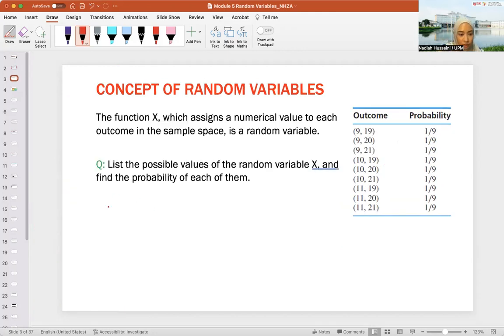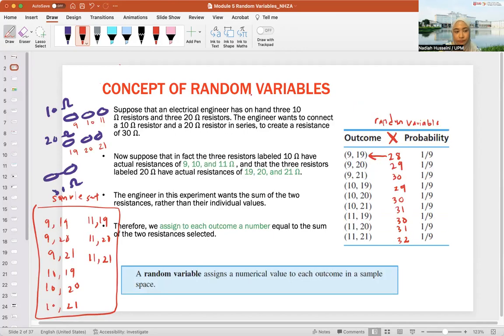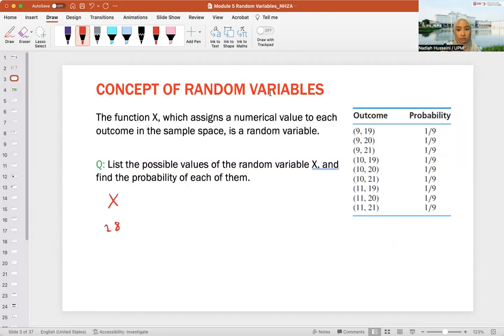So the list of possible values is 28. I should just copy this.